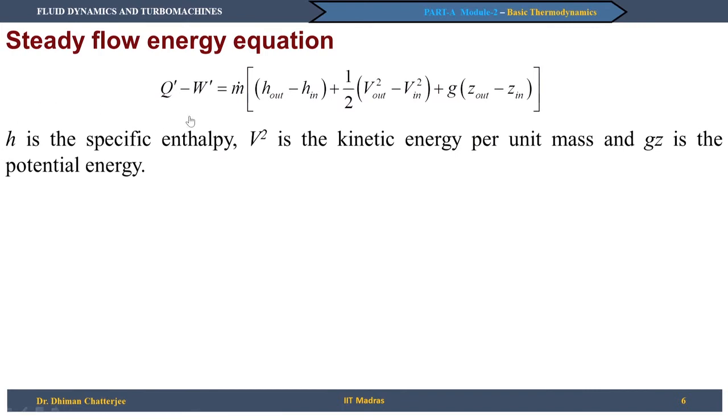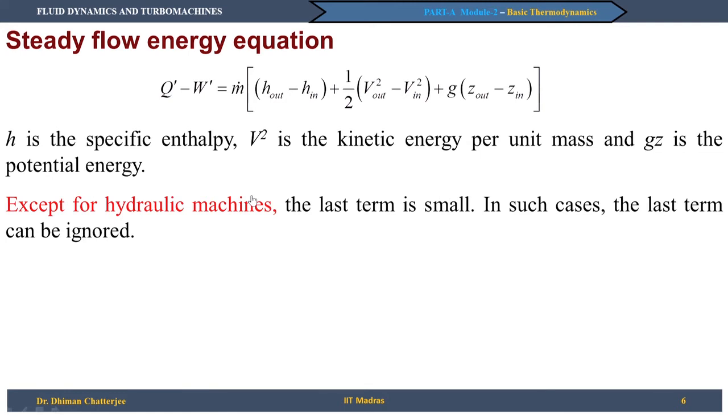H is a specific enthalpy, V square is the kinetic energy per unit mass, and Gz is the potential energy again per unit mass. Except for hydraulic machines, which we will talk about a little later, the last term, that is the change in the potential energy, is insignificant compared to the other changes. In such cases, we can drop the last term.